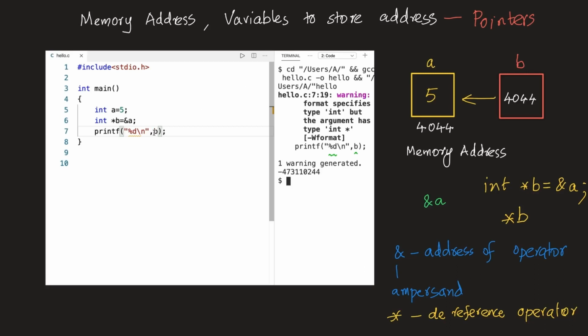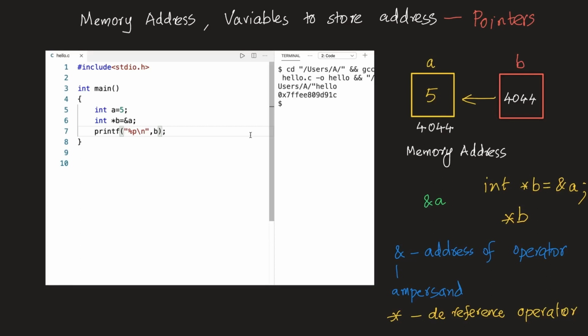So if we change that to %p and then again run the program, then we see that without any warning, the address contained inside the pointer b is printed in the hexadecimal format. So %p is the format for the pointer type data.